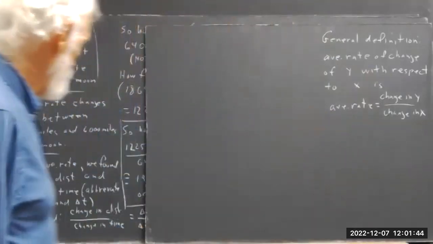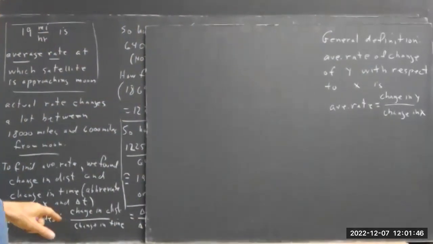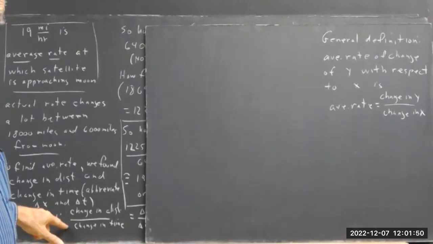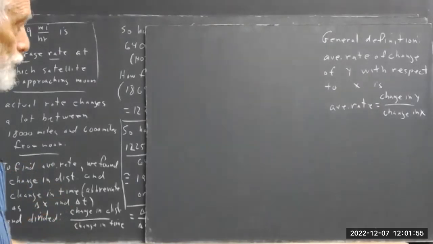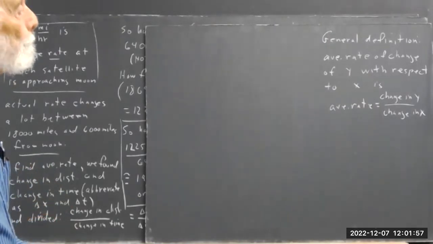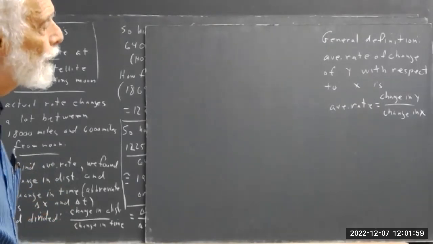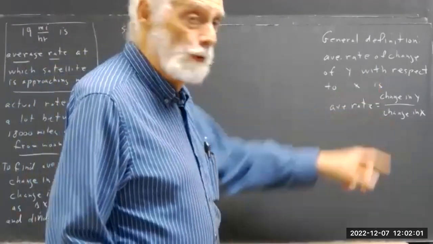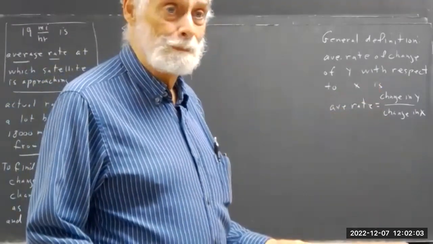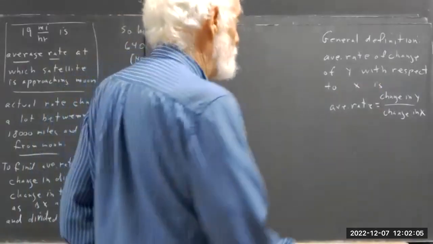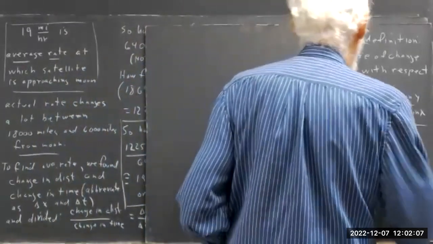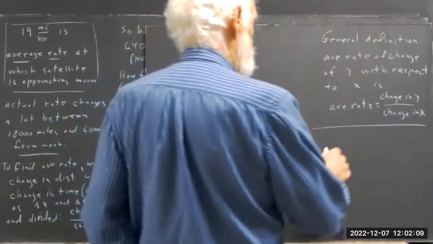Over here, instead of x, we used x for the distance and t for the time, so it's delta x over delta t. We could have done that. But I want to use this form of the definition and apply it to the graph. First of all, we're going to apply it to the table.